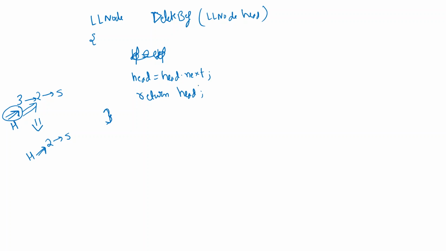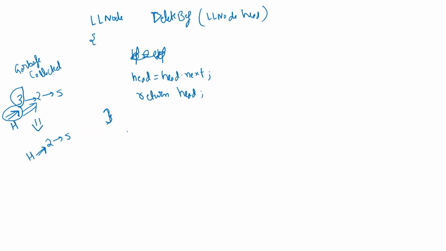Now, in case you are working with Java or C Sharp, you don't need to worry about this particular object because this will be automatically garbage collected. But in case you are working with C++, you should free this particular memory. So assuming I'm working with Java, this code works perfectly fine.